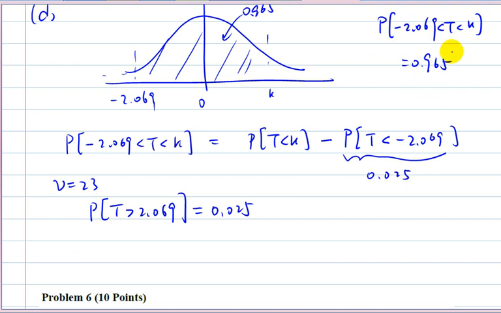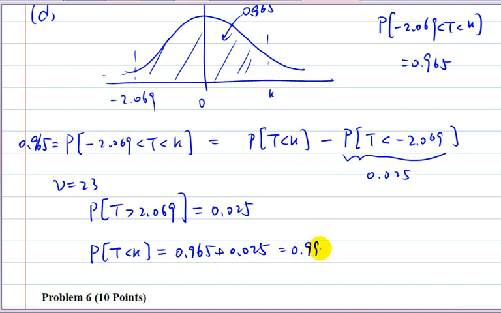Overall, we're looking for probability 0.965. That means the probability of T less than K should equal 0.965 plus 0.025, which is 0.99.